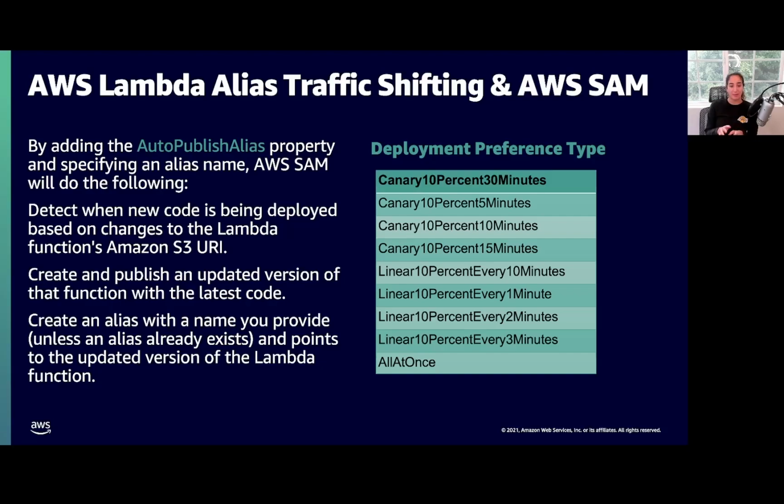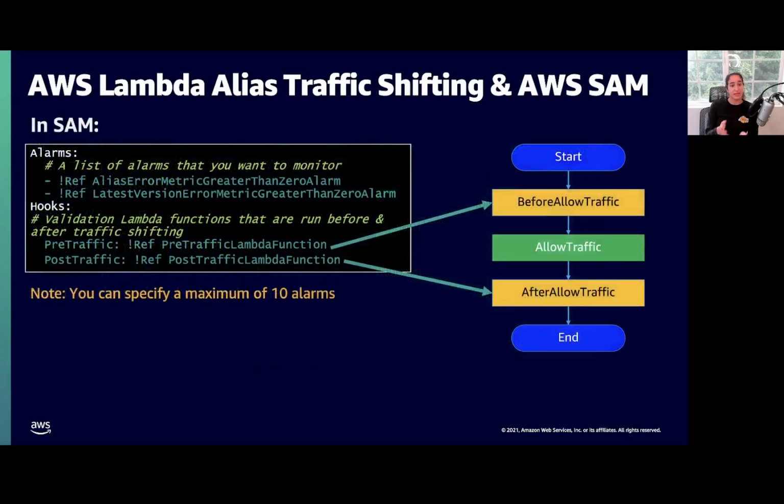It creates and publishes an updated version of that function with the latest code, and then creates an alias with a name that you provide. It also points to the updated version of the Lambda function, and function invocations should use the alias qualifier to take advantage of this. So safe deploys are really a best practice when you're testing with Lambda.